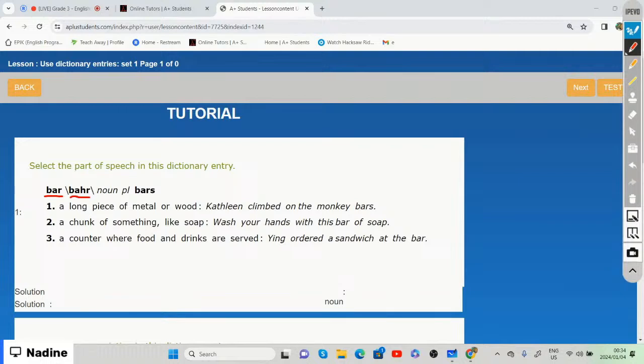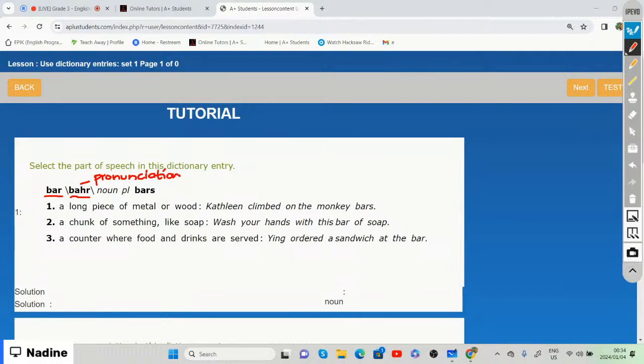Then if you look at this word, BAHR, this we call the pronunciation. And pronunciation is basically how you say a word. So as much as we know, okay, this is bar, you must know that words are said differently, especially in different countries.